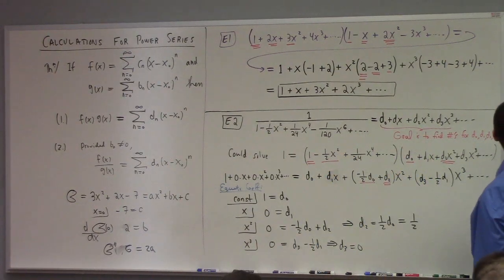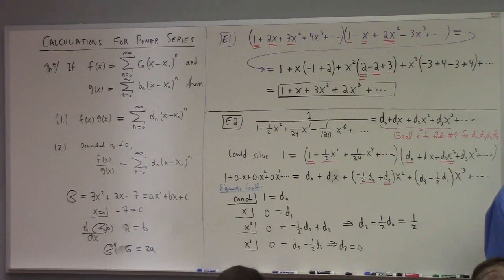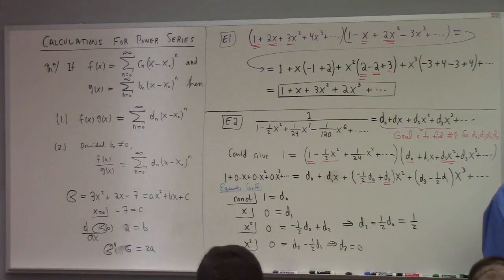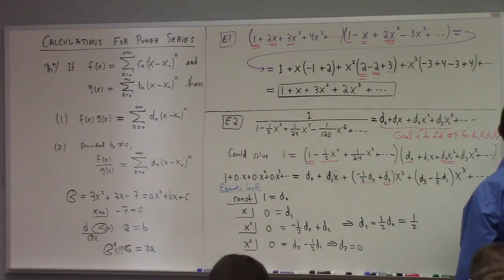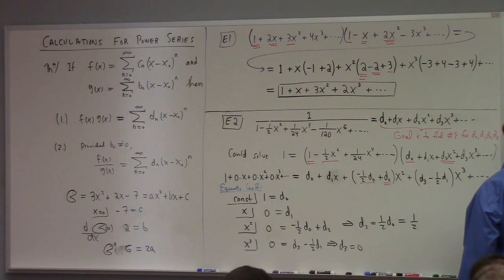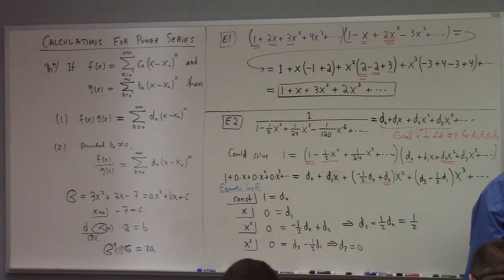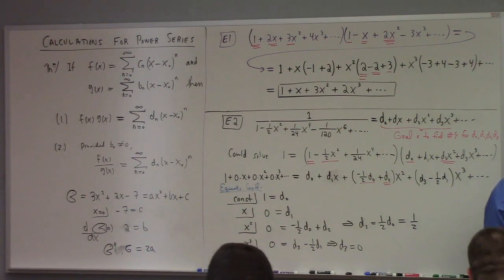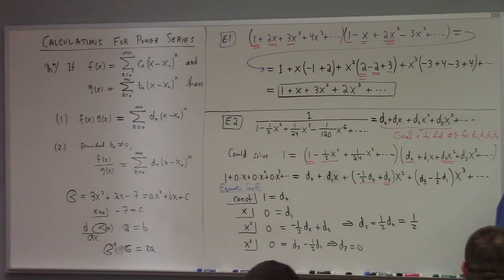In summary, 1 over 1 minus 1/2 x squared plus 1 over 4 factorial, but I'll write it as 24, x to the 4th plus dot, dot, dot, is equal to 1 plus 1/2 x squared.